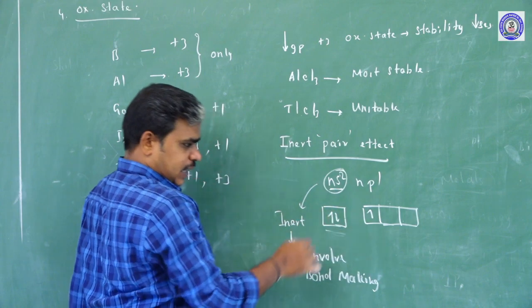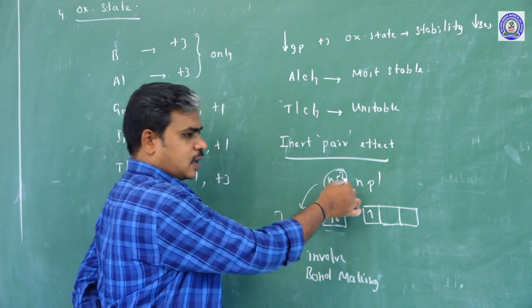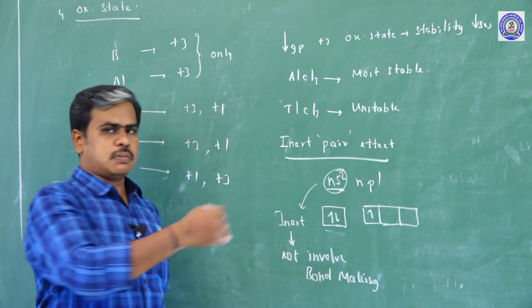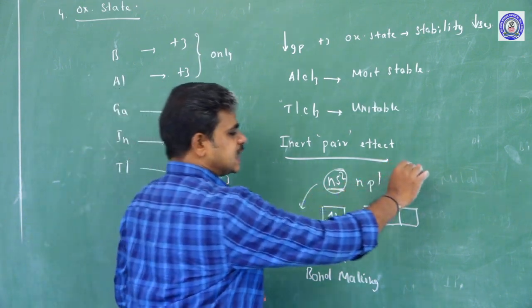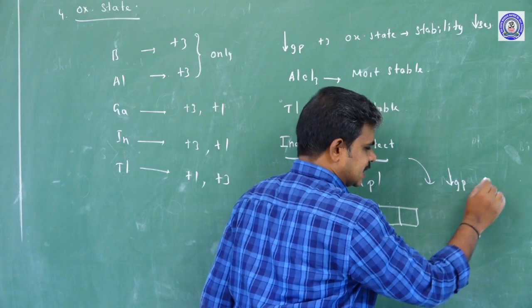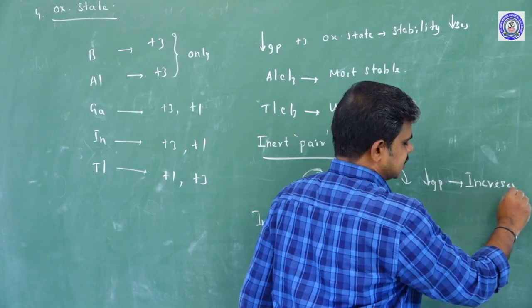In p block elements, the outer ns electrons become inert, not involved in bond making, which is known as the inert pair effect, and this effect increases down the group.